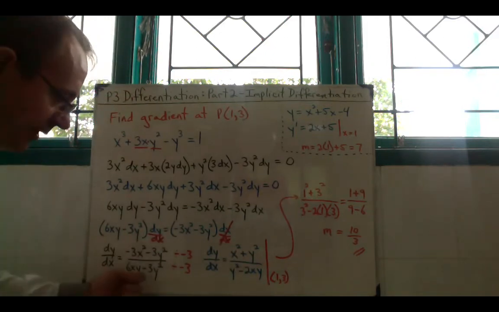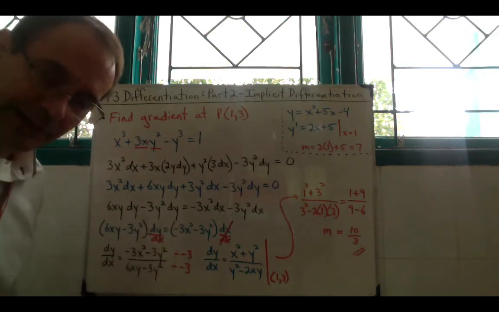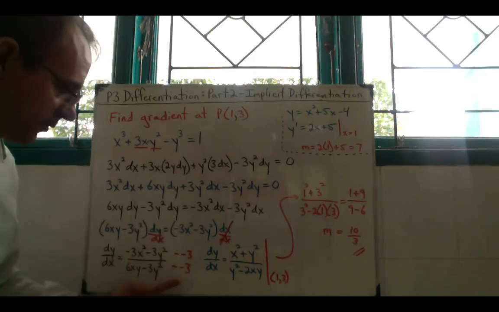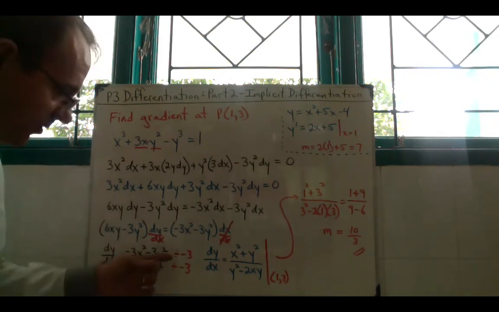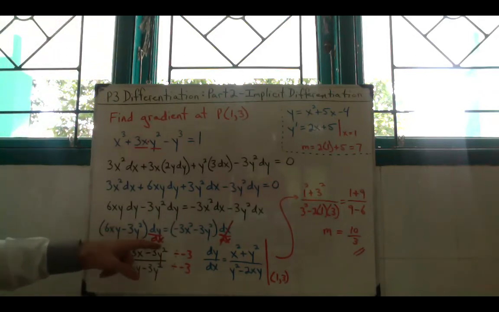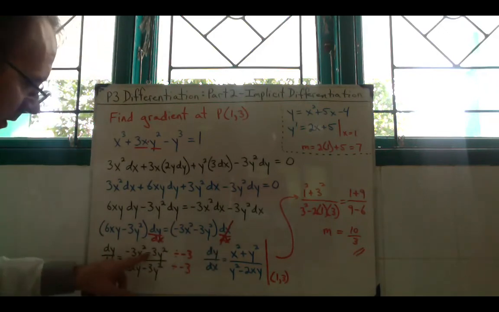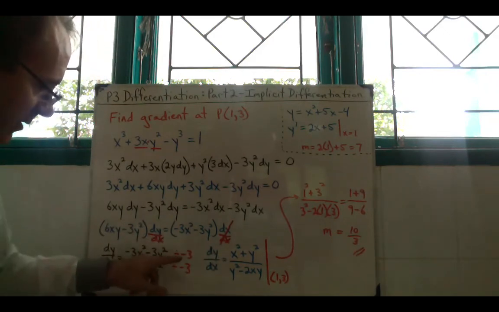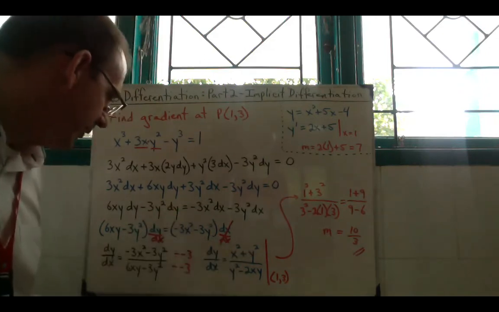You're factoring it out if you want to do it that way, and then canceling the -3. So this is just a different way of showing it. So factor and cancel, or just divide top and bottom by -3. So -3x squared divided by -3 just leaves us with x squared. And -3y squared divided by -3 changes it to a positive y squared.